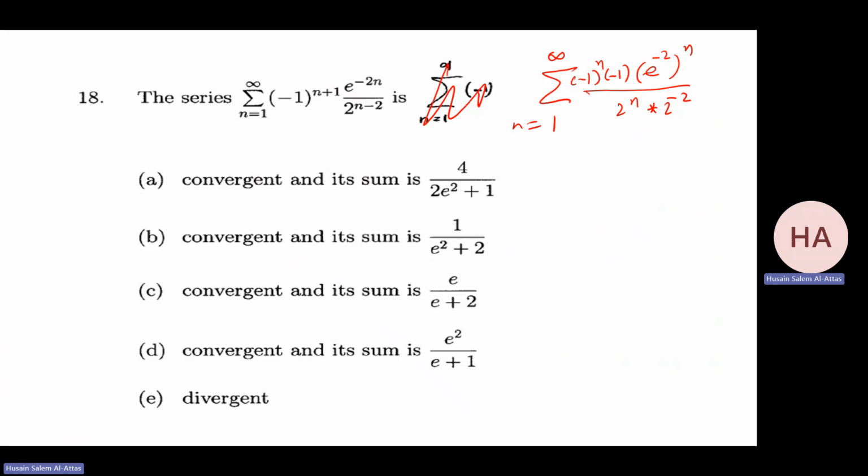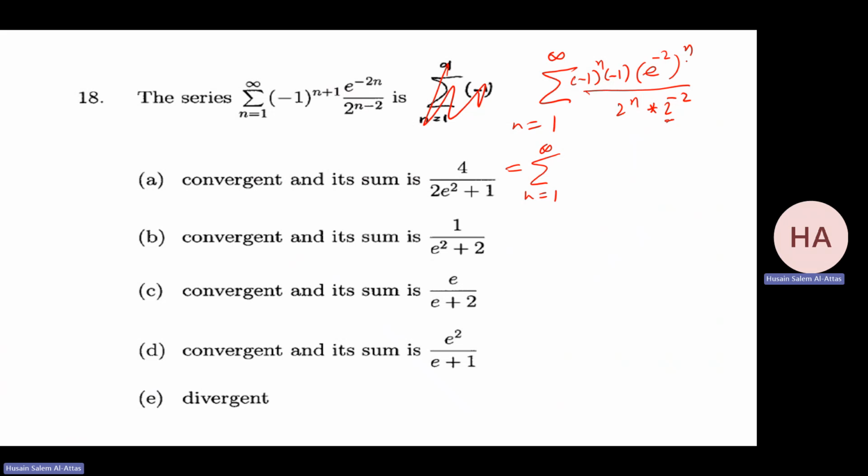That gives me what? I make this minus 1 to the power n times minus 1, times minus 2 to the power n. Now I make everything in terms of n. So I have the summation from n equal 1 to infinity.